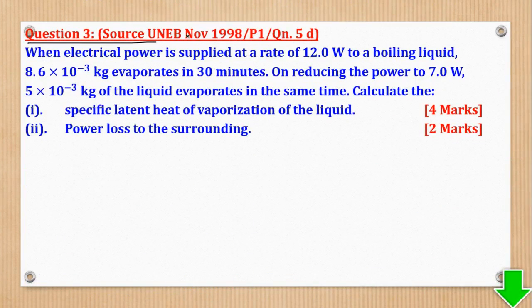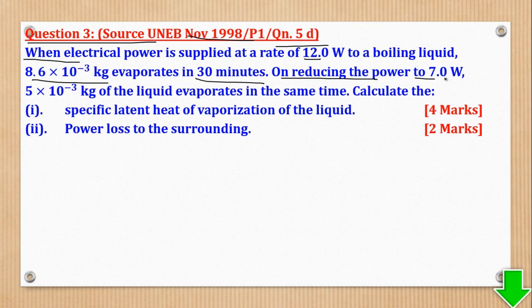Then question 3 came from UNEB of November 1998, paper 1, question 5D, and it says, when electrical power is supplied at a rate of 12 watts to a boiling liquid, this many kilograms evaporates in 30 minutes.